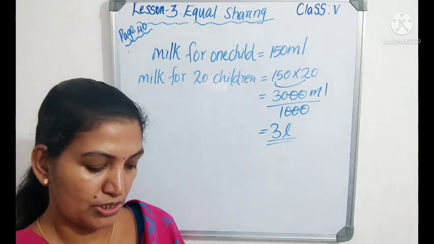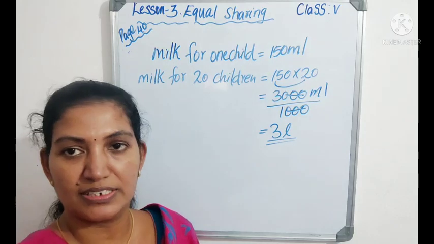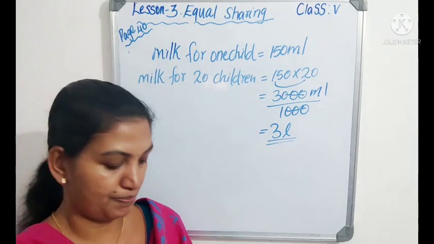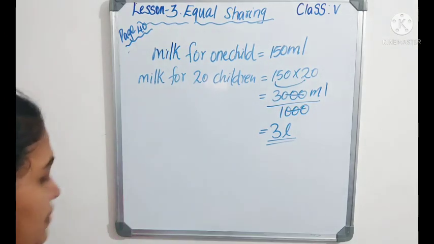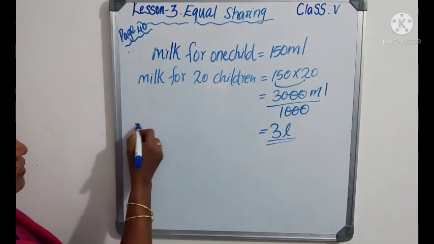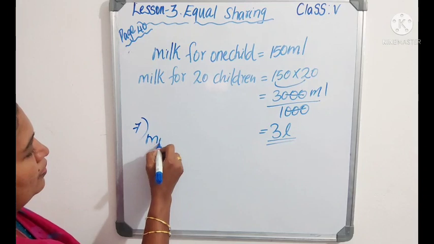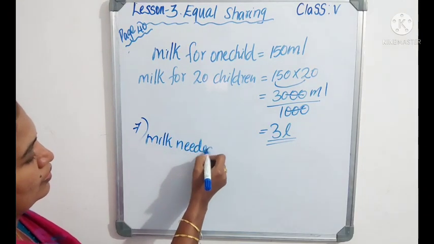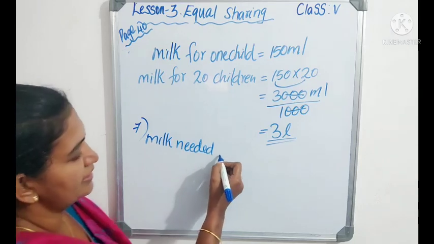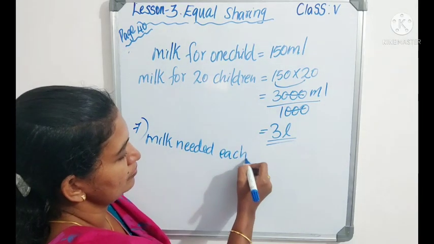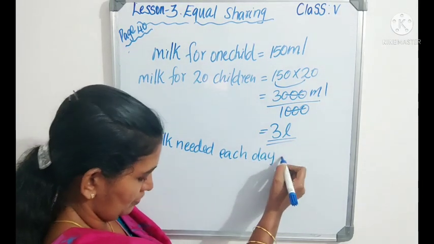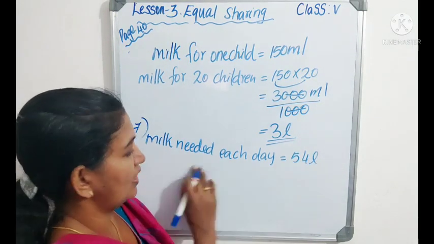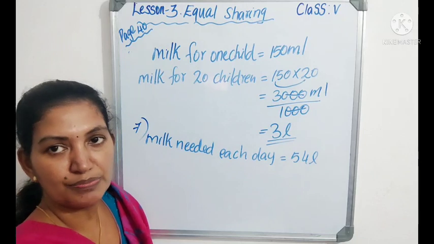Suppose the total milk 54 liters is there. Then how many children can they give it to? That we have to find. Okay. So write the steps. Milk needed each day is 54 liters. One day they want 54 liters.